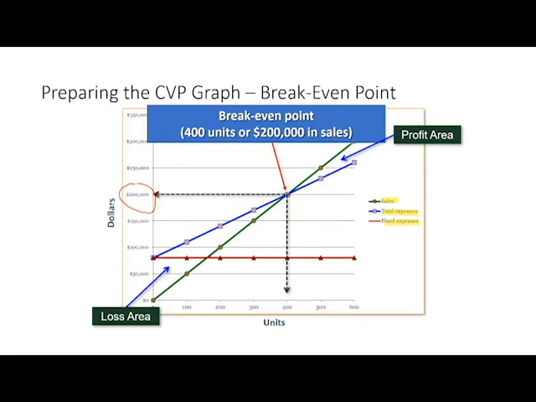So the company would have no gain or no loss when it sells 400 units, which we call the break-even point. Here is the profit area, and here is the loss area.